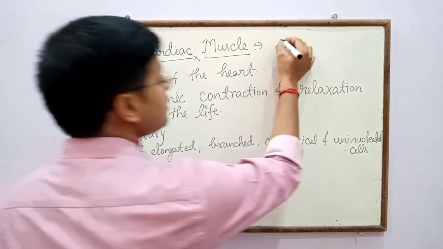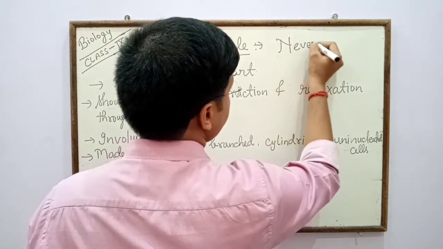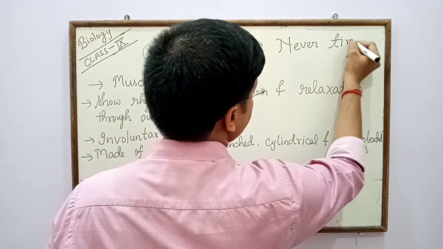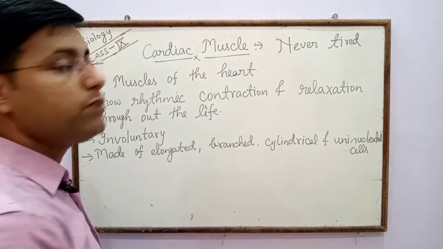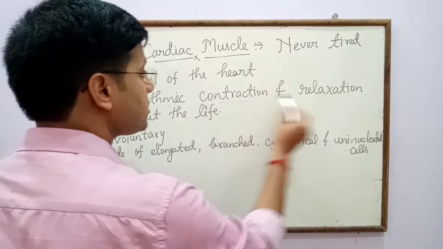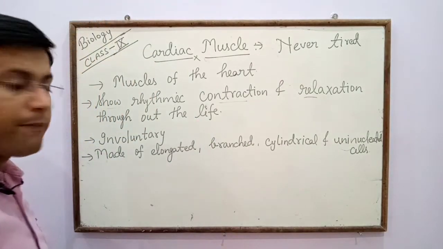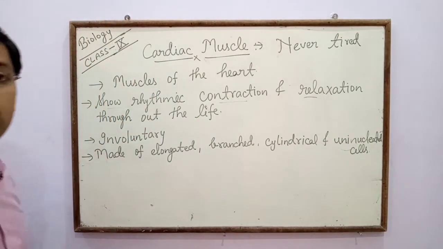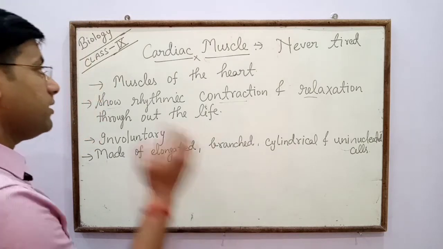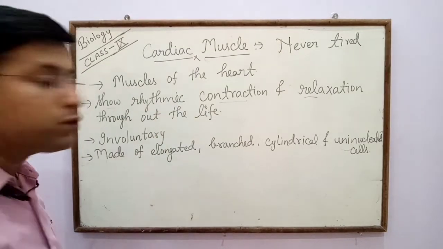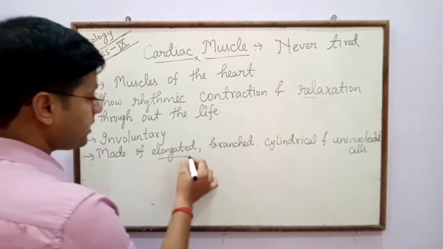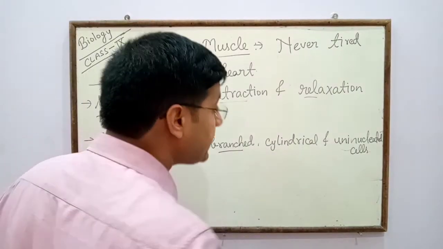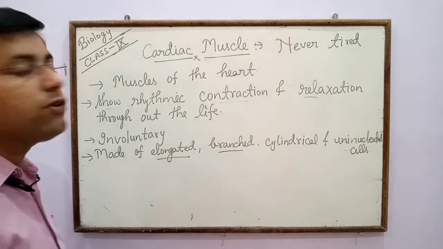Means cardiac muscle never tires throughout life, and it is responsible for rhythmic contraction and relaxation throughout life. It is involuntary in nature like our smooth muscle, and is made up of elongated, branched, cylindrical and uninucleated cells.